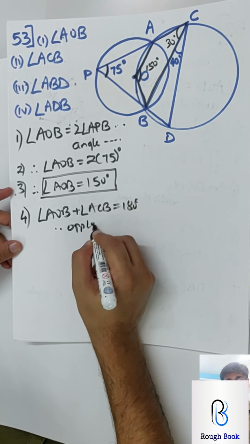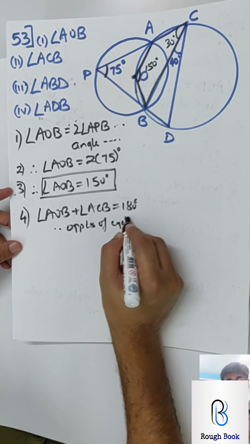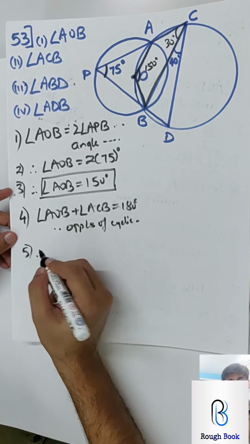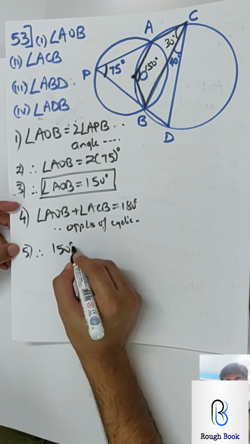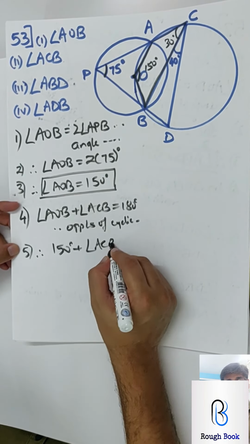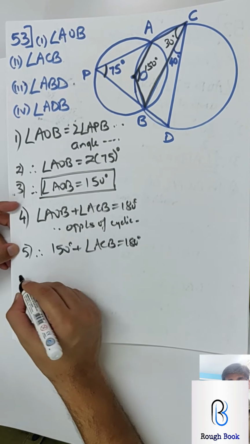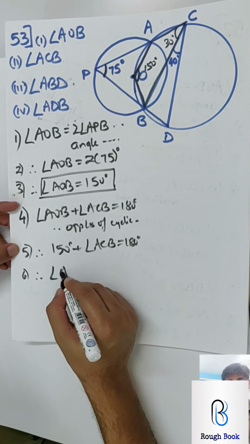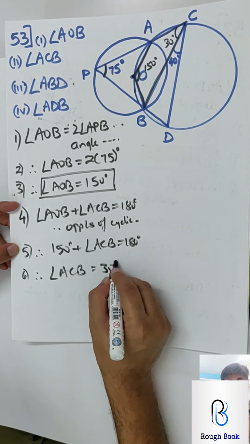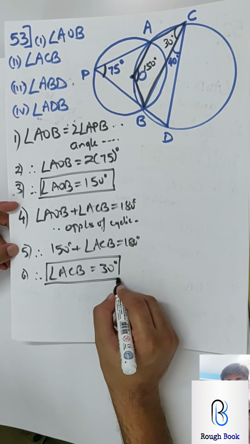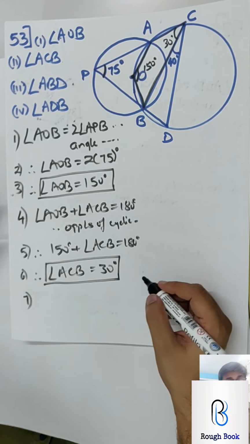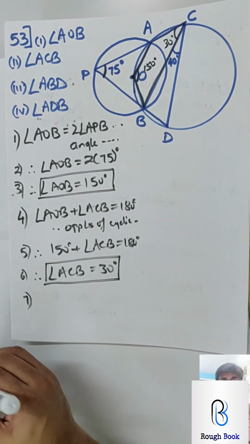Reason, opposite angles of cyclic quadrilateral are supplementary. Please write it in full. So therefore AOB 150 plus ACB 180. So finally ACB becomes 30. So we managed to get a second angle as well, that is ACB here.